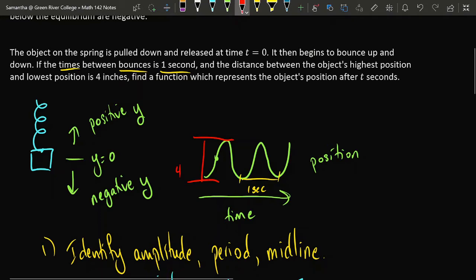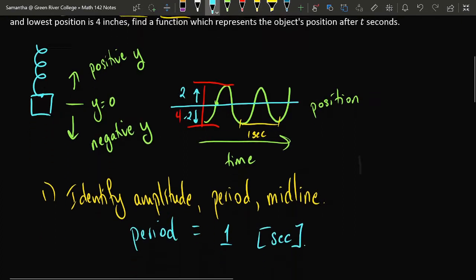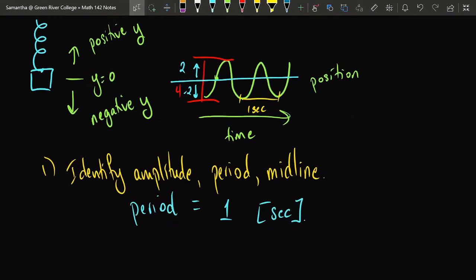So if it's 4 inches in total, if I split the difference, it must be 2 units to the maximum and 2 units to the minimum. So from that, we can get the amplitude. The amplitude would be the distance between the middle of the bouncing motion to the highest point of the bouncing motion. The amplitude would be 2 units.